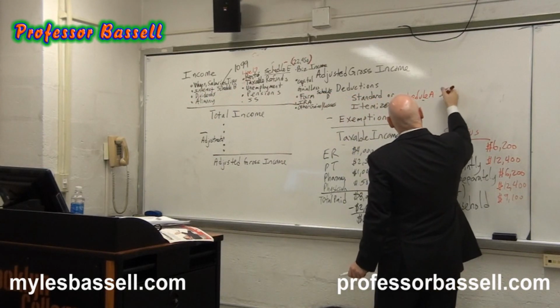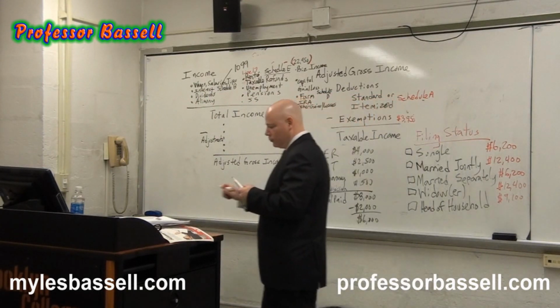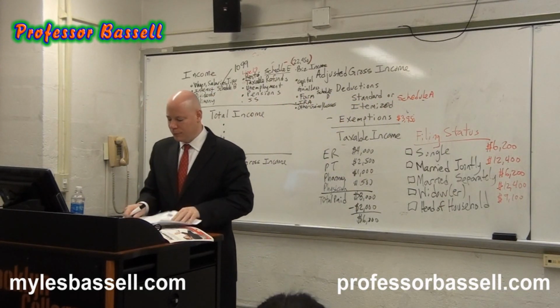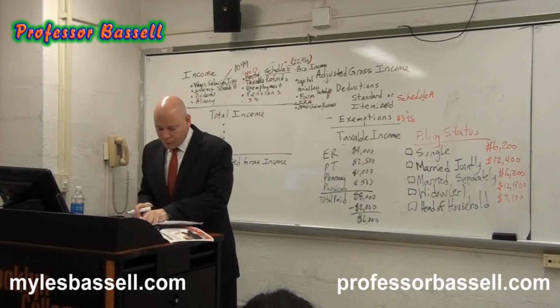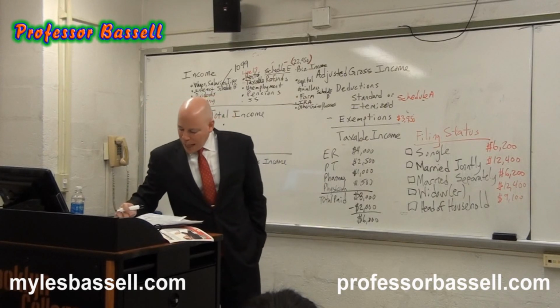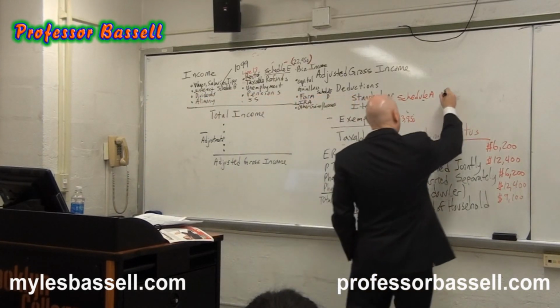So that's what we put on line 40 of the 1040. What is our itemized deductions? $39,000.